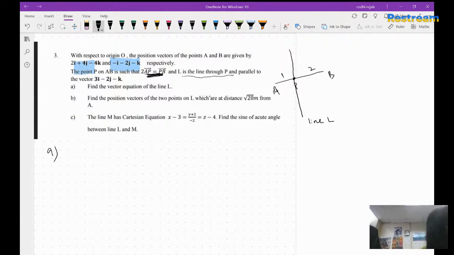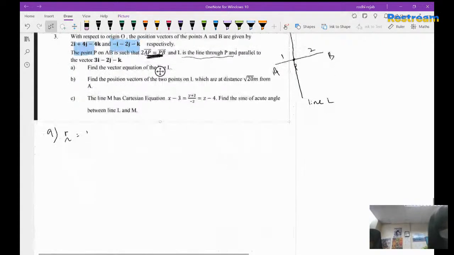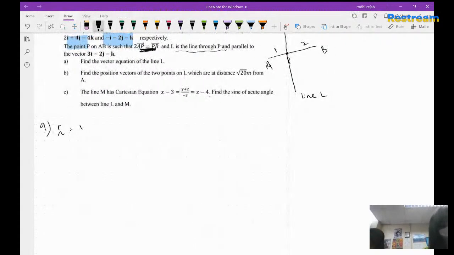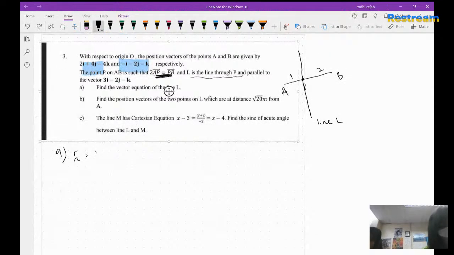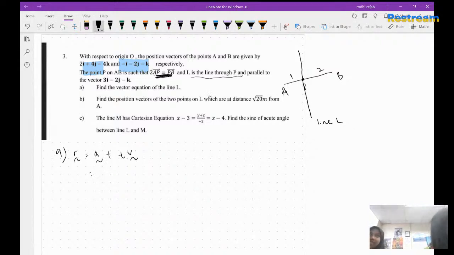And now we have to find the equation of line L. So to find the equation of line L, r equals A plus tV. For the position A, we don't know yet because we have to sub in the point P. So this is point P, and we still don't know what point P is, so later we're going to find point P out.